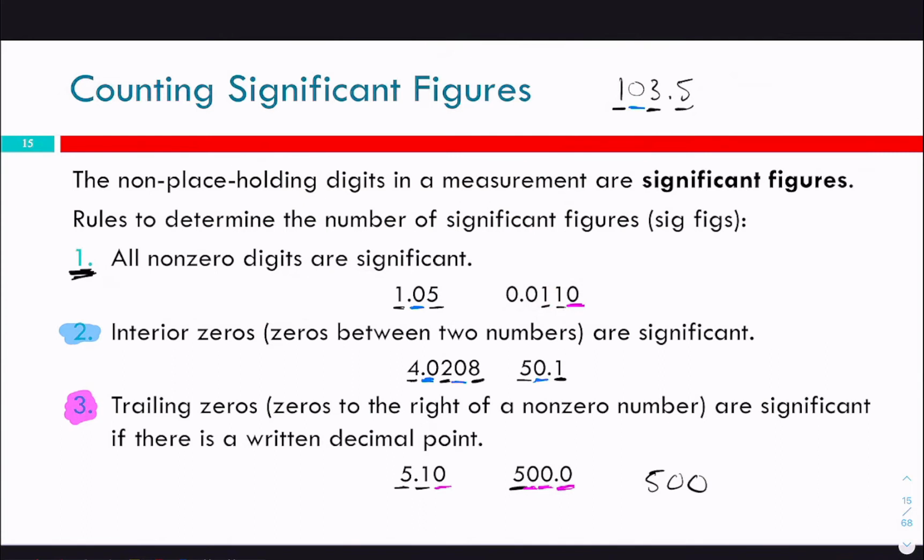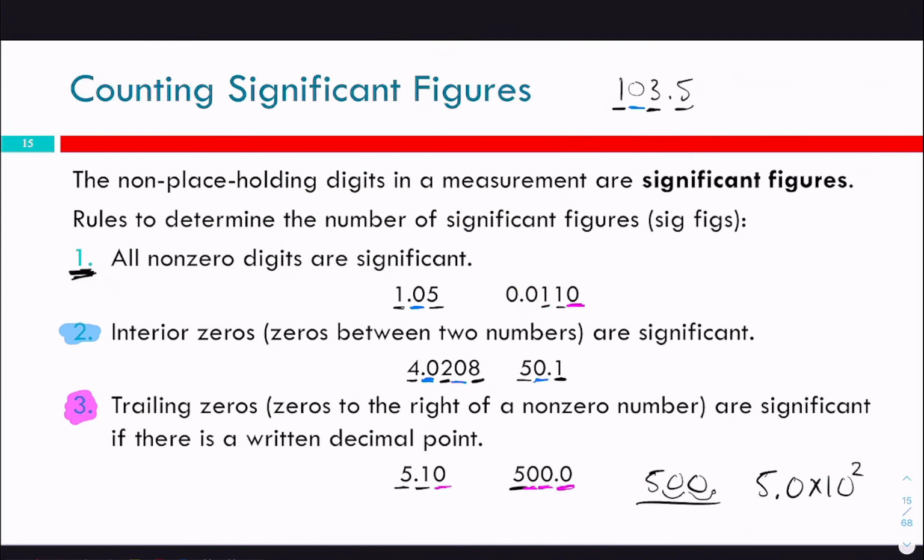So this is where you would need to use scientific notation to say how many significant figures there are. So we could rewrite this number now. If we rewrite it in scientific notation, let's say I did this measurement, and it's actually 2 significant figures. So I would write this as 5.0 times 10, and then just to go over this again, we move this decimal place over 2 places to the 2.